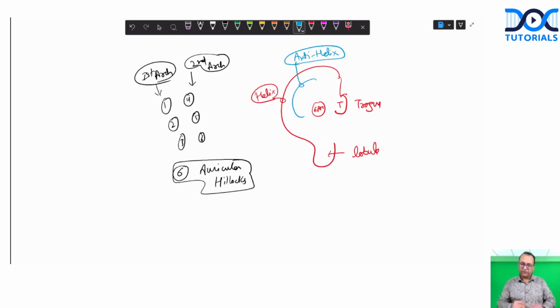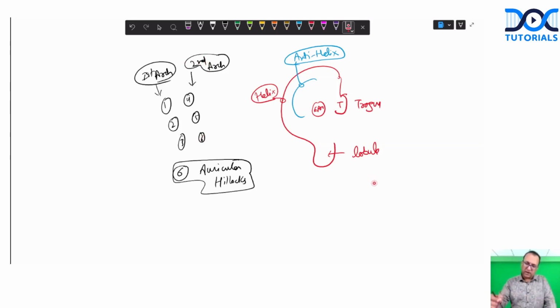So if you are being very precise, grossly speaking, the first arch will contribute to the tragus. And the second arch, the sixth hillock, contributes to the lobule.